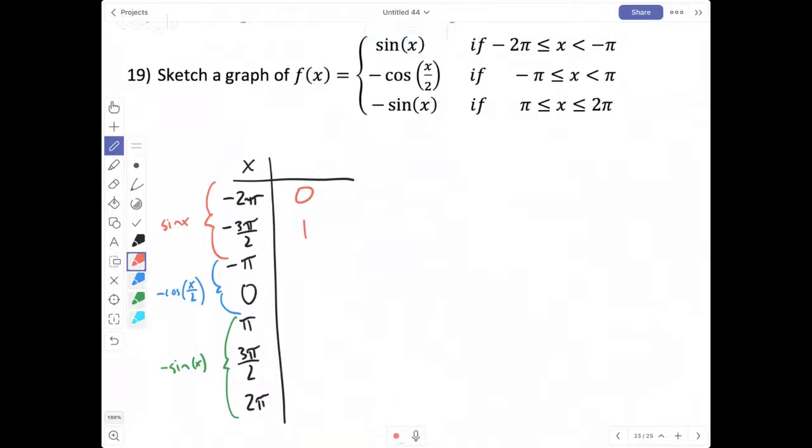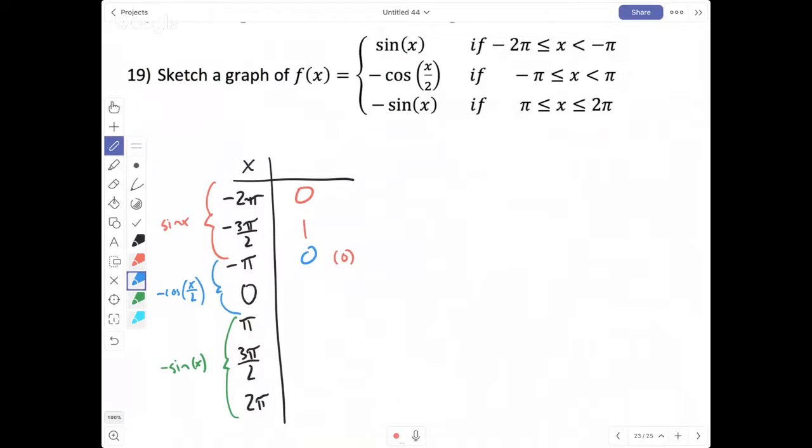Sine of negative pi, just for reference sake, if it was in the sine curve, it would be 0, but it's not actually in the sine curve. So I've got the negative cosine of negative pi over 2, and the cosine of negative pi over 2 is also 0.